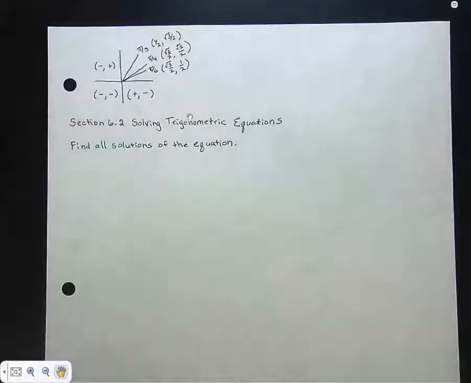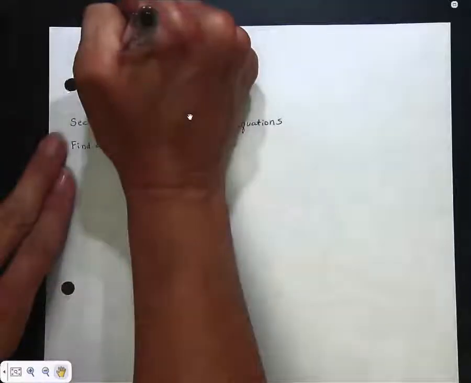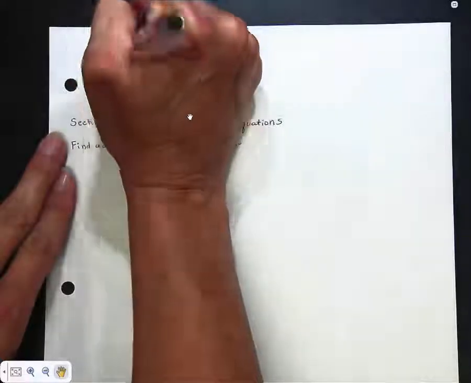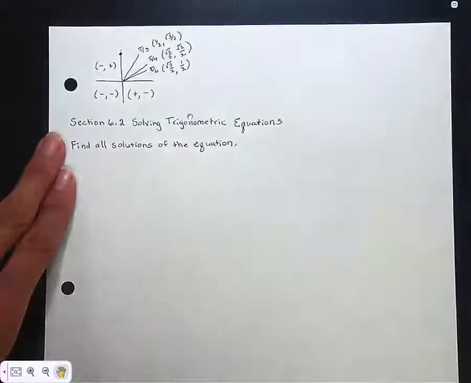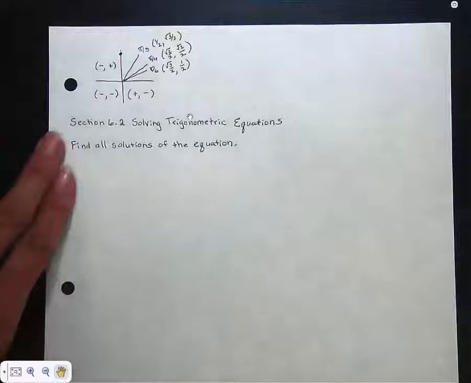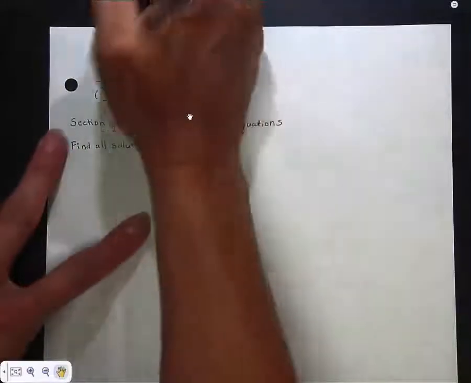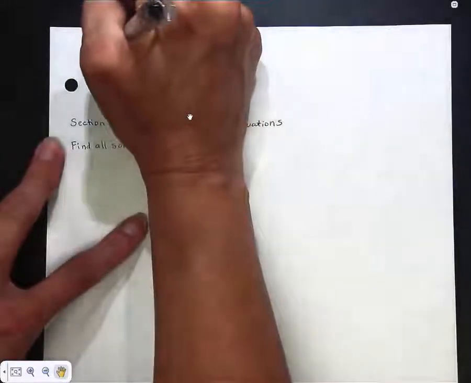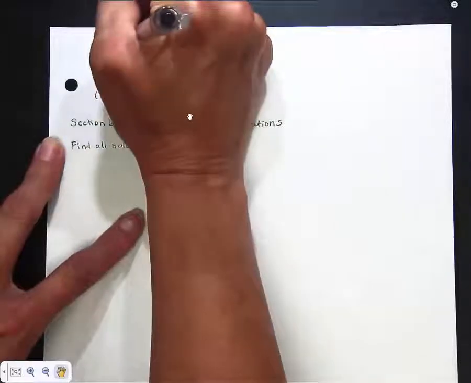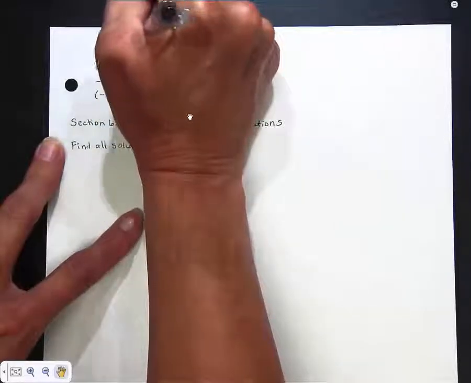If I ask you where sine is 1, that means where y is 1, and we know that y is 1 on the y-axis where x is 0. That's the angle pi over 2 where x is 0 and y is 1.